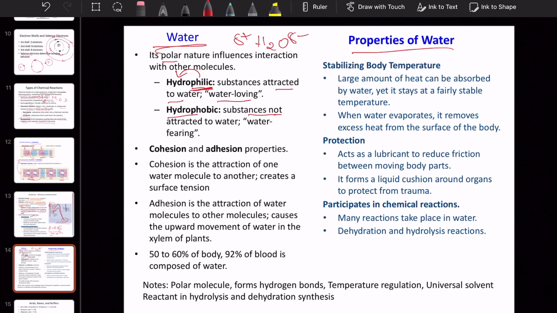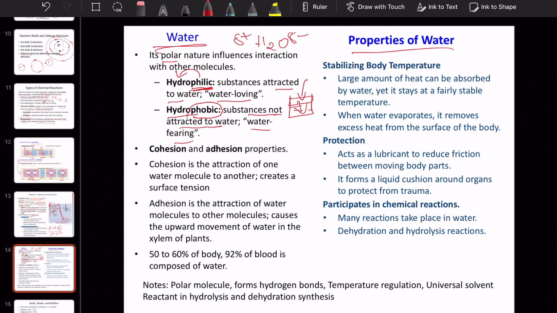Hydrophobic substance does not attract to water, water fearing. Phobia means what? Fear. So for example, think about adding oil into the water. Take a beaker, water, then add some oil. What happened? Oil floats on water, it never mixes.